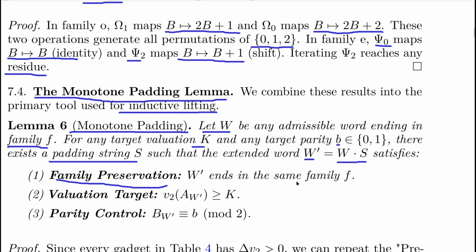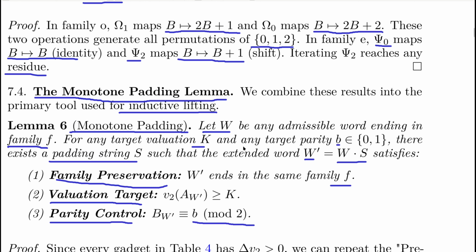So W prime ends in the same family, F. Valuation target, so the two-adic valuation of AW prime is greater than or equal to K, and parity control: BW prime is congruent to B mod 2.